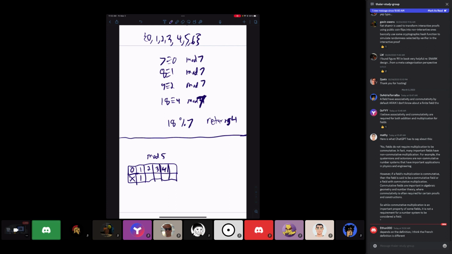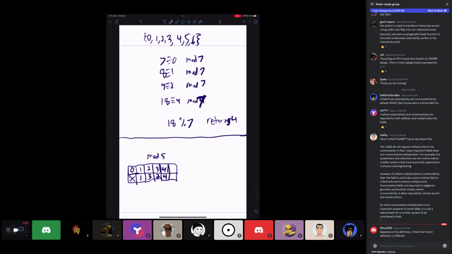The multiplicative inverse of 2 mod 5 would be 3, because 2 times 3 is 6, which is congruent to 1 modulo 5. The multiplicative inverse of 3 would be 2. And by process of elimination, the multiplicative inverse of 4 better be 4, which you can check: 4 times 4 is 16, which is congruent to 1 modulo 5.